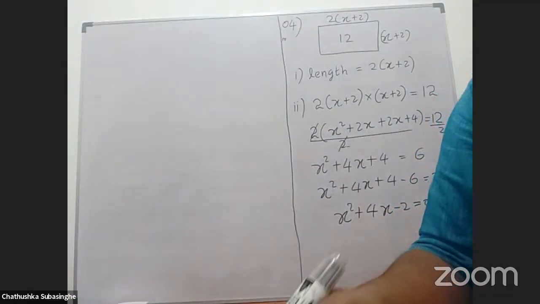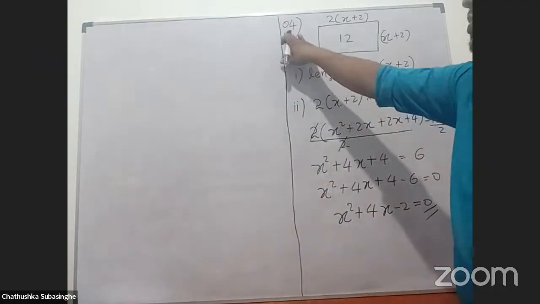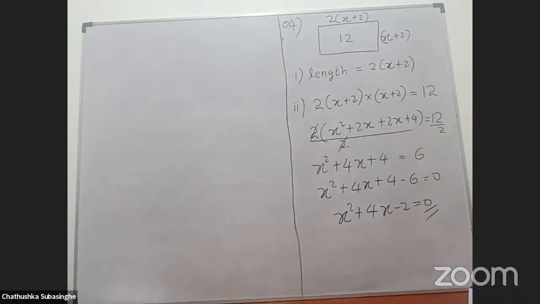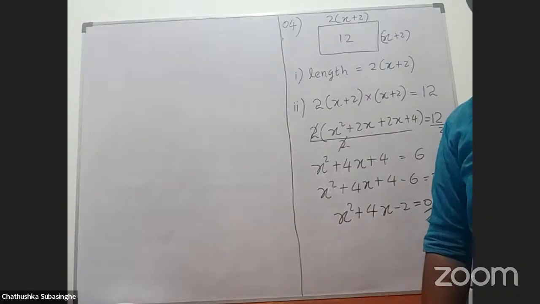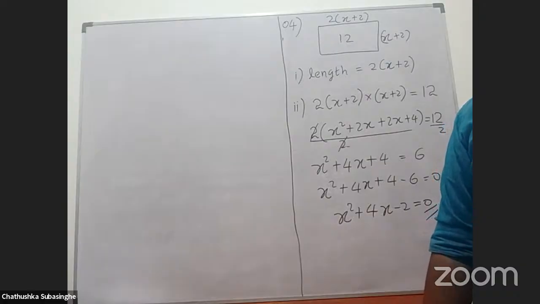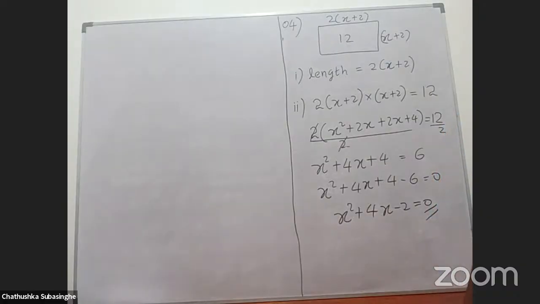Question number 5. Roshini, which question? We don't have 5 now. This Roman numeral 2. Question number 4, Roman numeral 1, Roman numeral 2. Okay, so you mean question number 4?